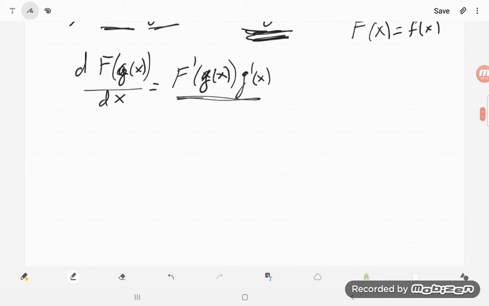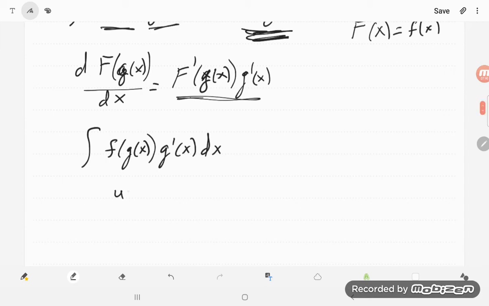And the way we do it, the reason it's called substitution, is that we use differentials. And so if I have this antiderivative of f of g of x, and I find that g prime of x dx is there, what I can do is make the substitution: if I let u equal g of x, then du, this is our differential idea, by definition is g prime of x dx.